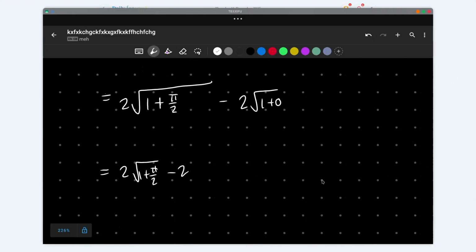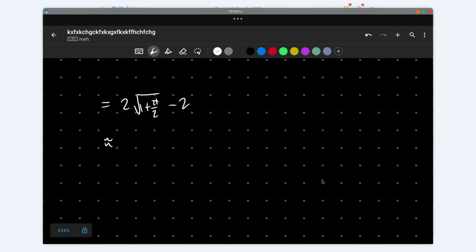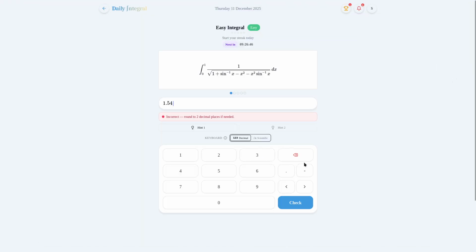So why is my answer so different now? Okay, maybe I did do something wrong. 2 root of 1 plus pi over 2 minus 2, which is approximately 1.21 if you round. I don't know if it wants the rounded answer or not.